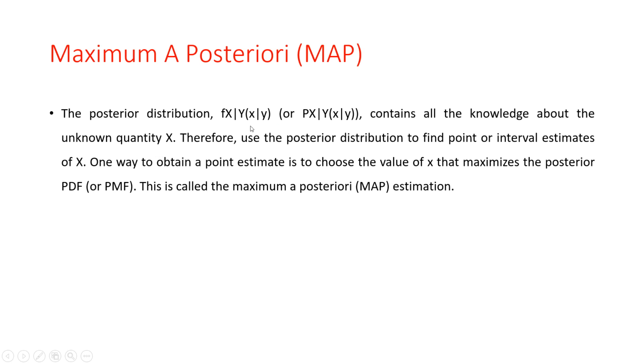X. Therefore, we can use the posterior distribution to find point or interval estimates of X. One way to obtain a point estimate is to choose the value of X that maximizes the posterior PDF or PMF. This is called maximum a posteriori estimation.